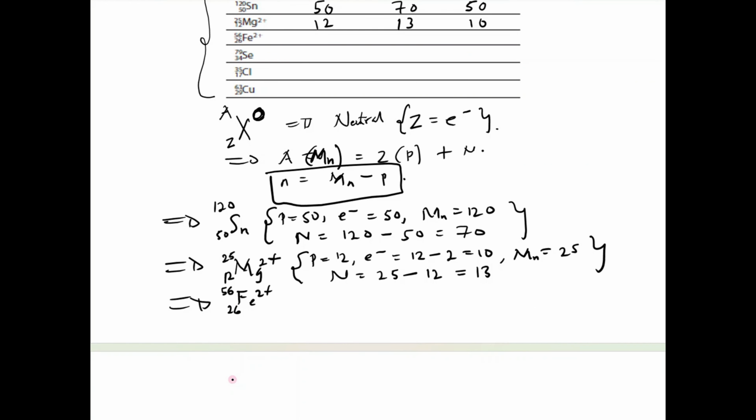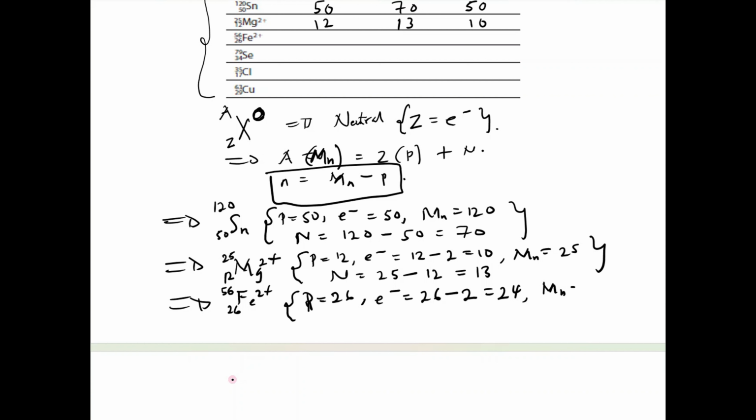So now let's also do the needful for this. The proton number here is 26. Now the number of electrons here will be, because this species has lost 2 electrons, 26 minus 2, which will give us 24.